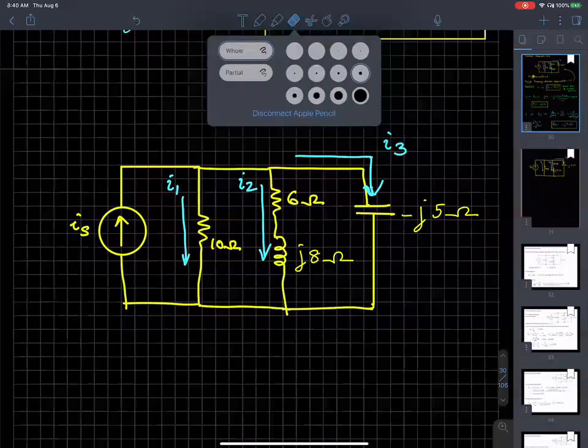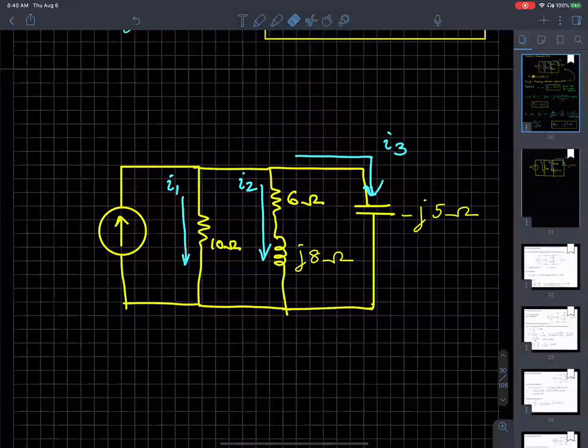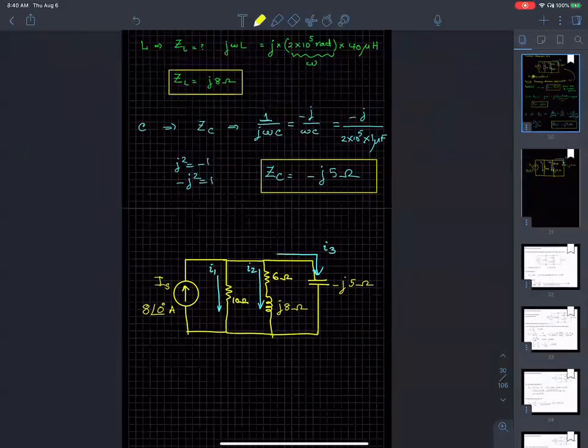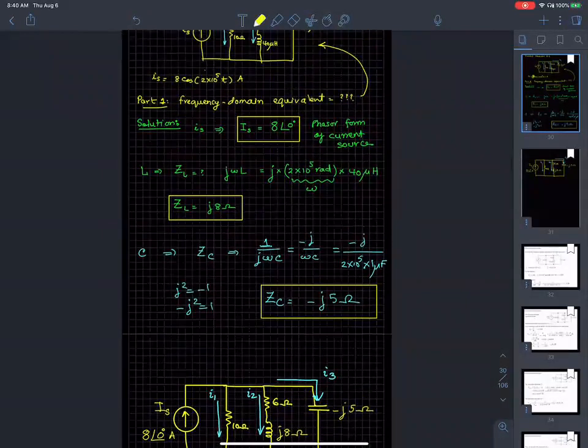Now let me see if I can convert this current source, IS. This IS is 8 amperes, 8 angle 0 amperes. Remember, the first thing I did was to translate the current source into 8 angle 0.